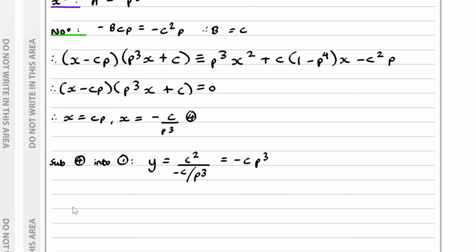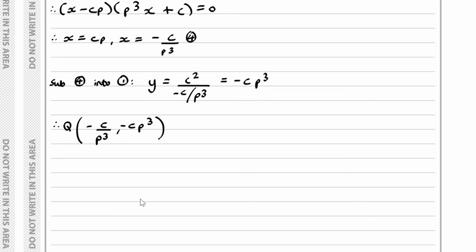And therefore, the coordinates of q being minus c over p cubed, minus c p cubed. And we want to find out the midpoint of pq. So therefore, the midpoint would be 1/2 lots of the sum of the x's.